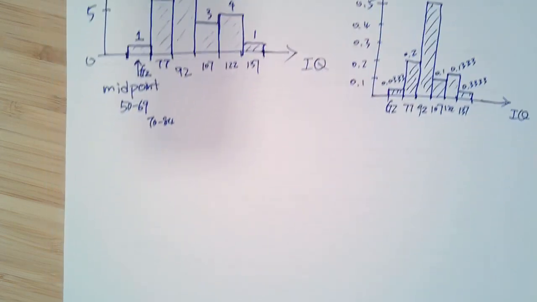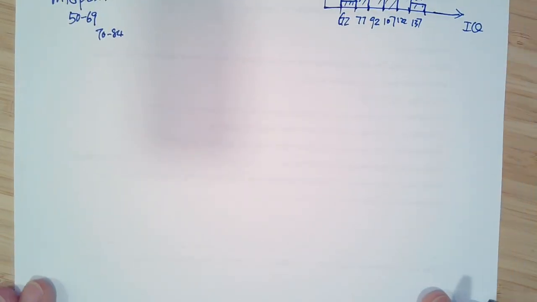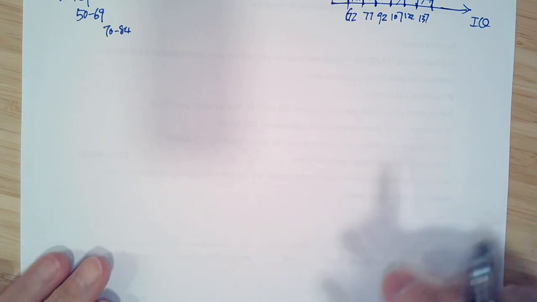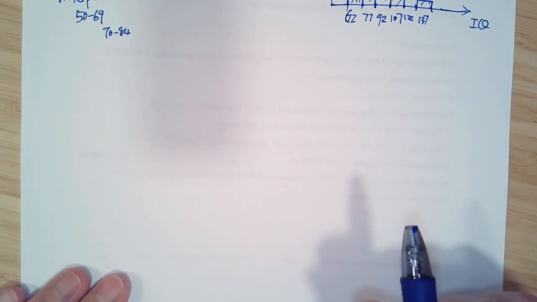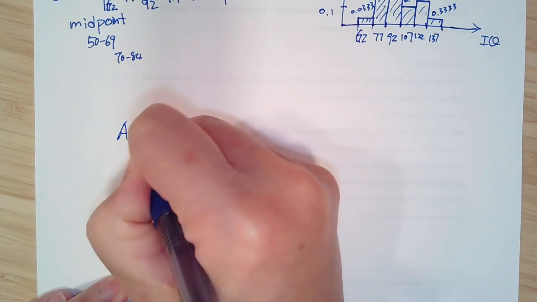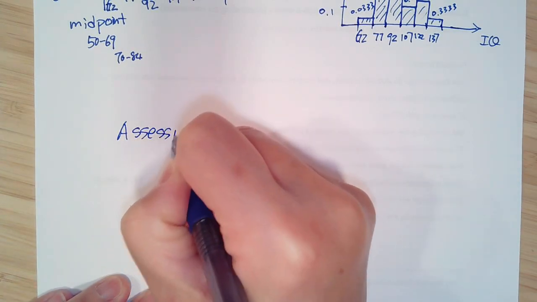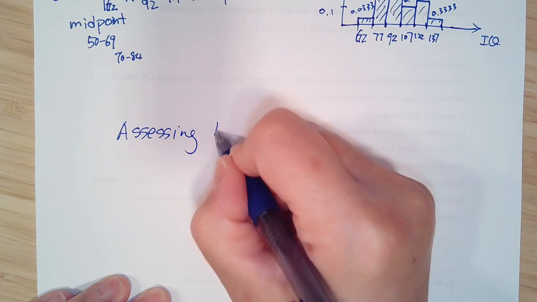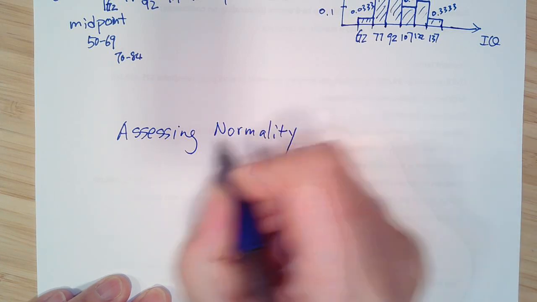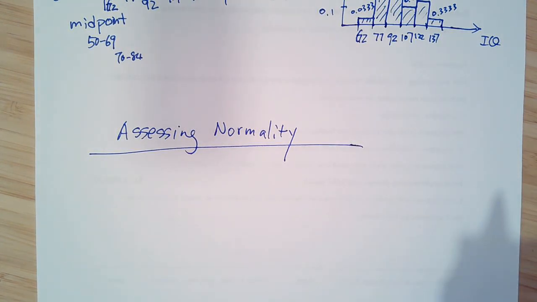There's something more we didn't really touch, and I won't test you. However, they did mention assessing normality. I just quickly go over this because usually nowadays not many people do this by hand. They always do that with computer software.